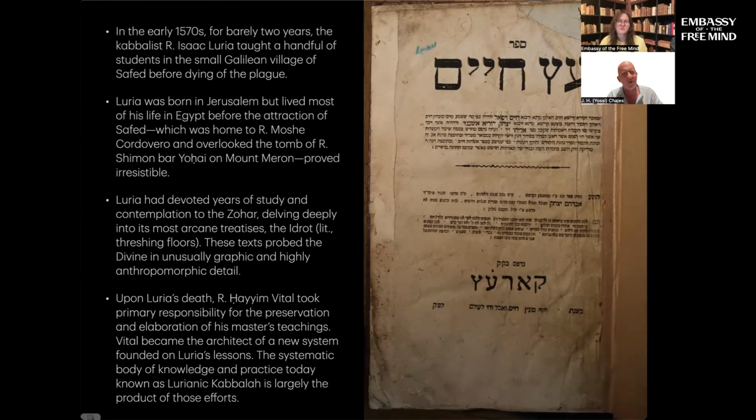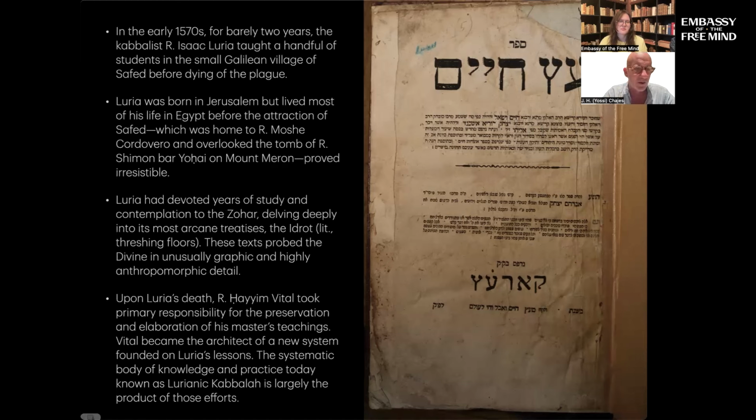So with the Zohar's canonization, the appeal of living near the burial place of Shimon Bar Yochai grew. And Safed became a town that hosted a real renaissance of Jewish life in the 16th century, especially from the middle of the 16th century going forward a number of decades.